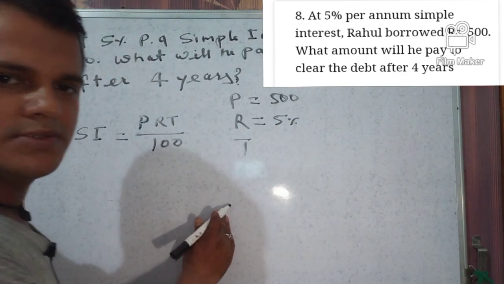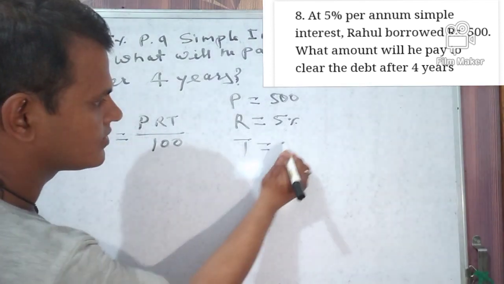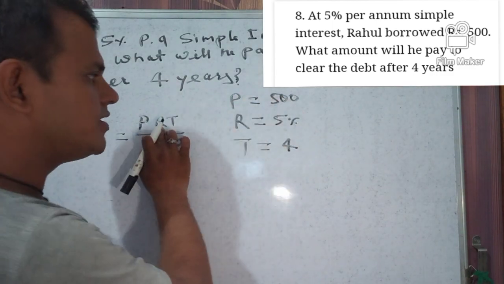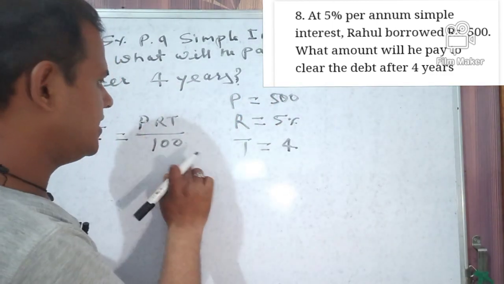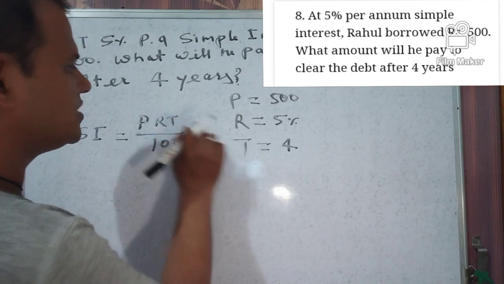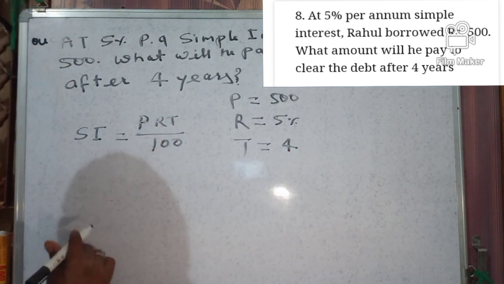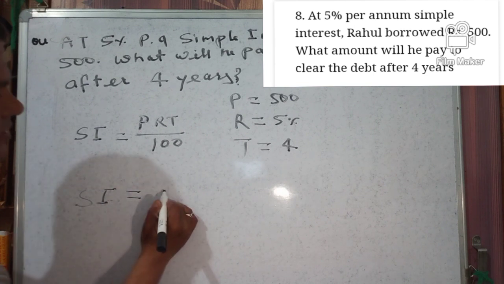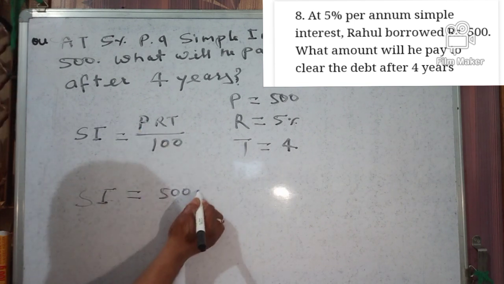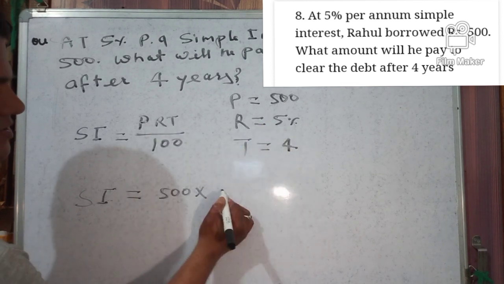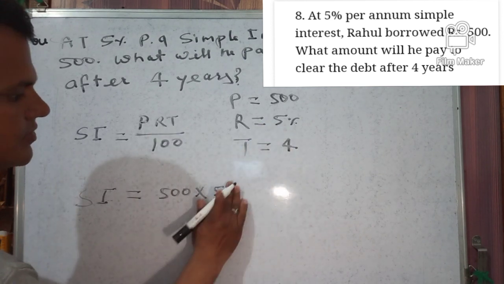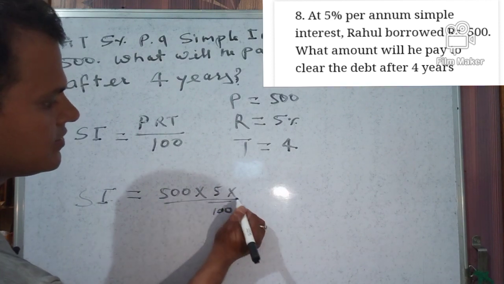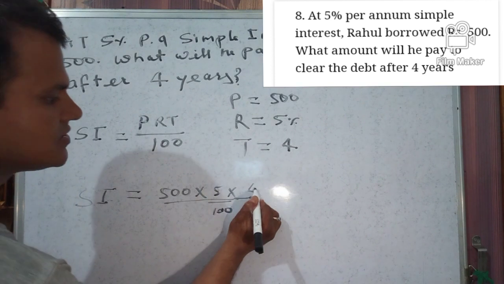And time duration is 4 years. So principal is 500, rate of interest is 5%, and time duration is 4 years. So substitute all values here. Simple interest will be 5 into rate of interest 5%. So it will be here 100. Okay, and time duration is 4.